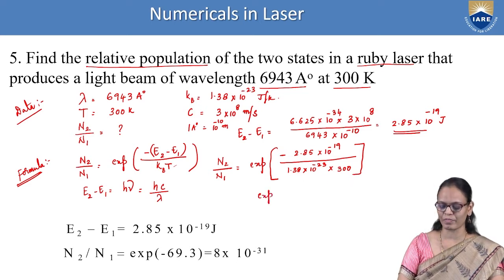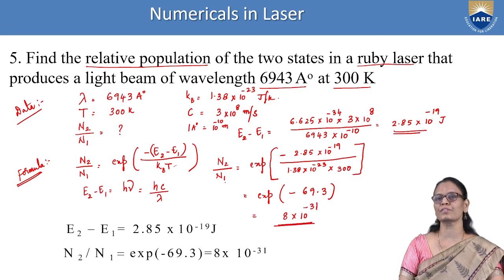When we simplify, we get minus 69.3. So that gives us the value of 8 into 10 power minus 31. So the ratio or the relative population is given by 8 into 10 power minus 31.